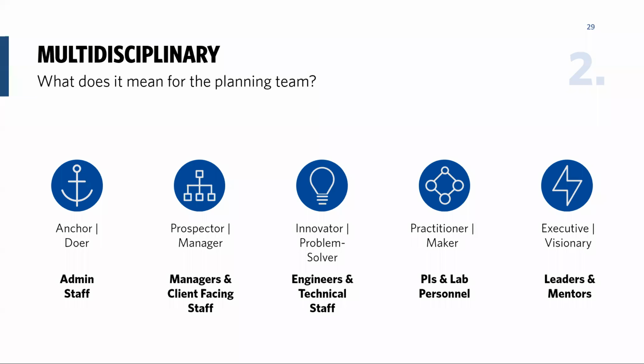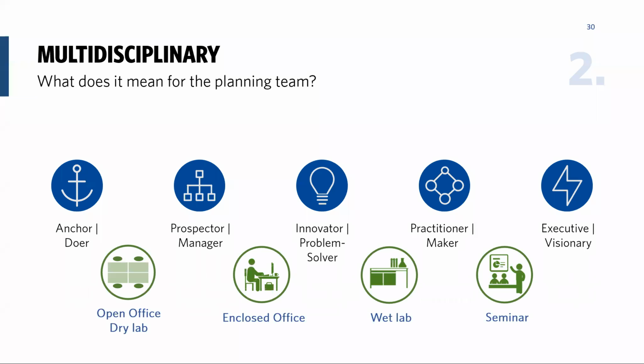But because of things like economic development and industry engagement, we now have new personas in the same building, like managers or leaders. Now, in addition to wet labs, we need spaces to accommodate these other work styles, like enclosed and open offices, even teaching spaces in some cases.